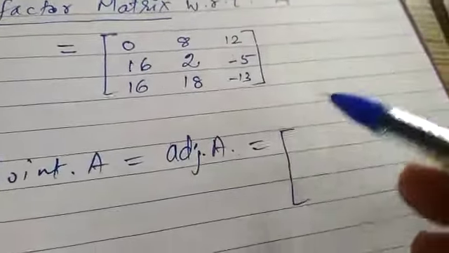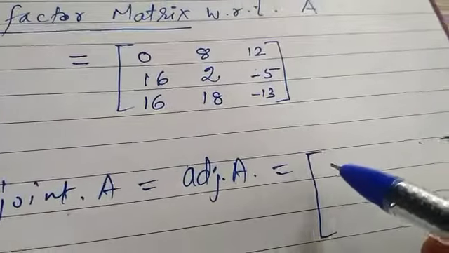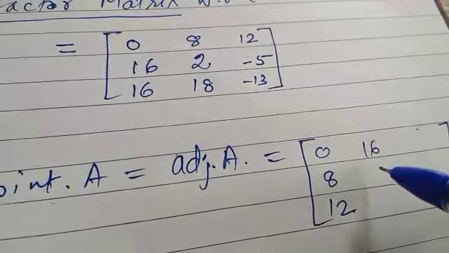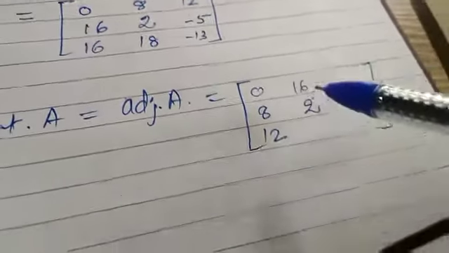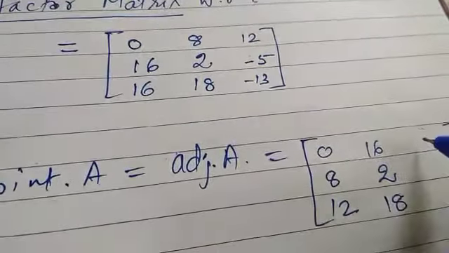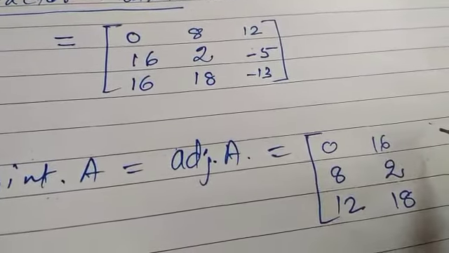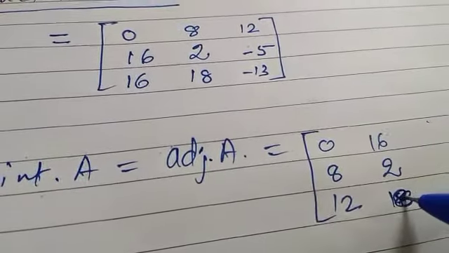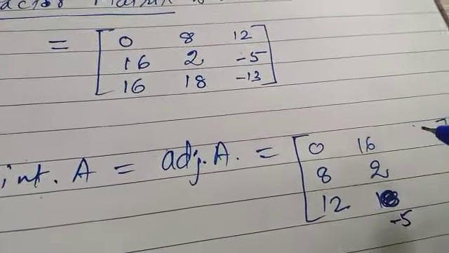Simply rows and columns are interchanged. So it is 0, 8, 12, 16 to, sorry, 16 to minus 5. It should be minus 5, right?